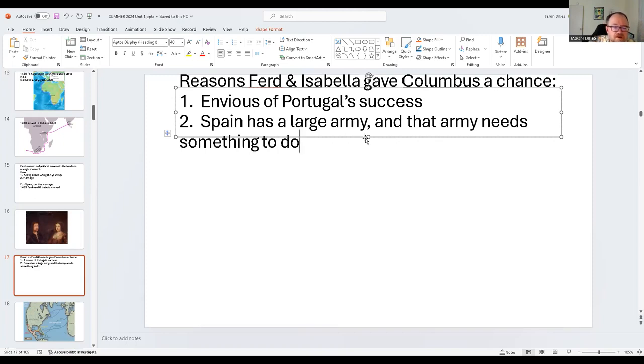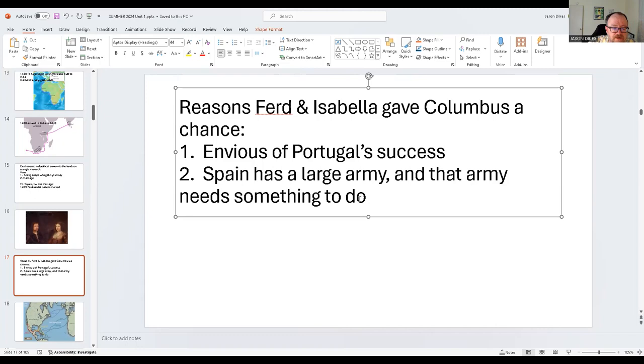Generally speaking, you do not want to have a large army that has nothing to do, because that could lead the army to causing some trouble in your own country. So we got a large army. We needed something to do. Let's ship it overseas and find something for it to do so it doesn't cause any trouble here.